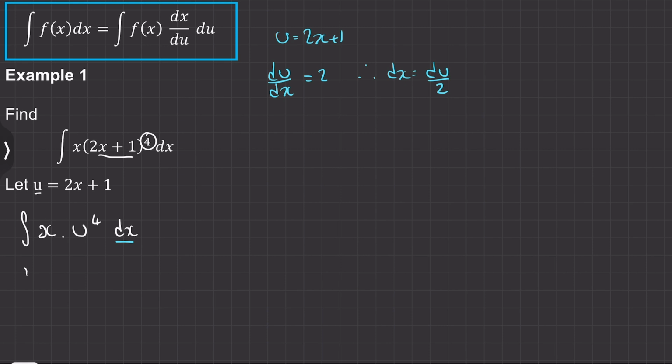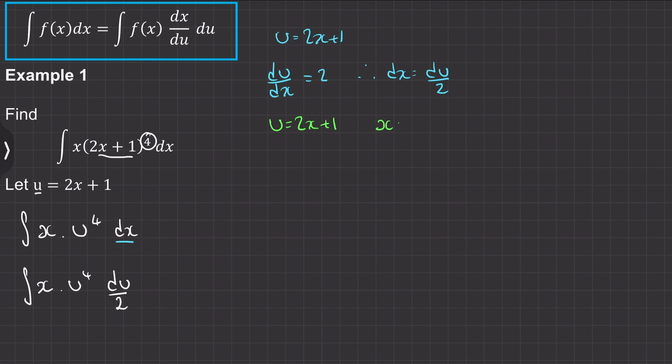So we have the integral of x multiplied by u to the 4 dx, or du over 2. So the next thing is to write this x in terms of u, which we can do by rearranging u equals 2x plus 1 in terms of x.